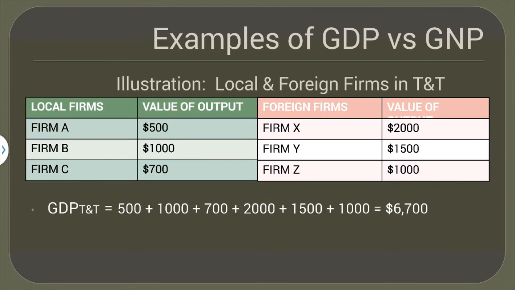I say again, 500 from firm A, 1,000 from firm B, 700 from firm C, 2,000 from firm X, 1,500 from firm Y, and 1,000 from firm Z. This gives us a value of $6,700. So GDP for Trinidad and Tobago would be $6,700 because it refers to the total value of all goods and services produced within the physical and maritime borders of that country.